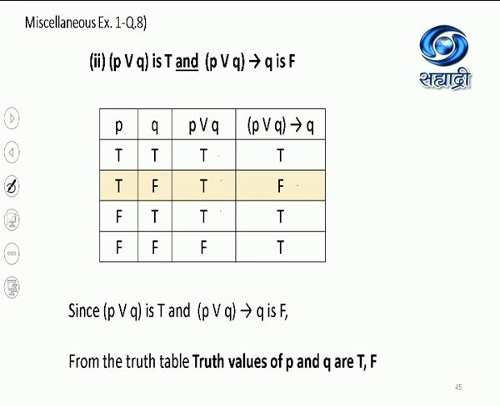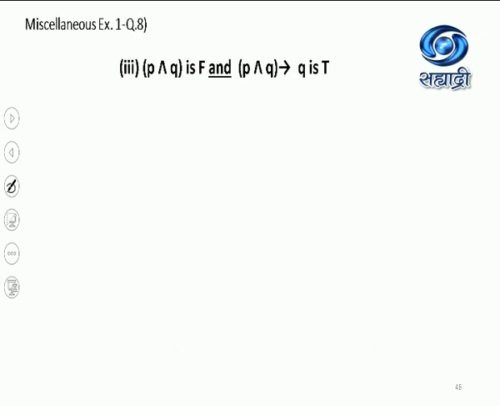So what do you see? P or Q is T. P or Q implies Q is F. So what are the corresponding values of P and Q? They are T and F. So that is how you will conclude that from the truth table, the truth values of P and Q are T and F.